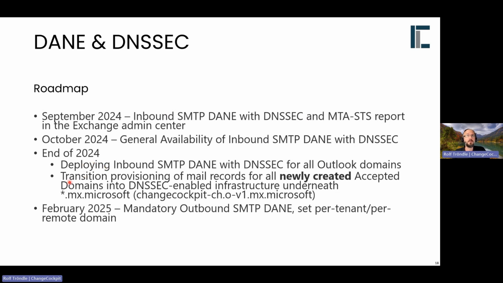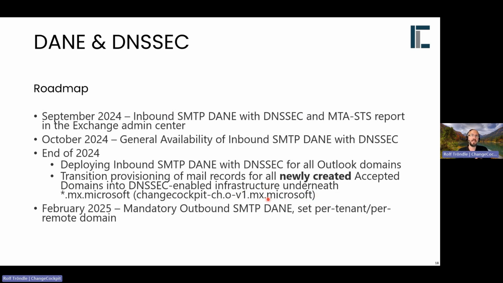And in the transitioning provisioning of the mail records, they will only hand out these newer MX record versions for all newly created accepted domains in the DNSSEC enabled infrastructure. This means if you add a new domain to Exchange Online, you will always see this new MX.